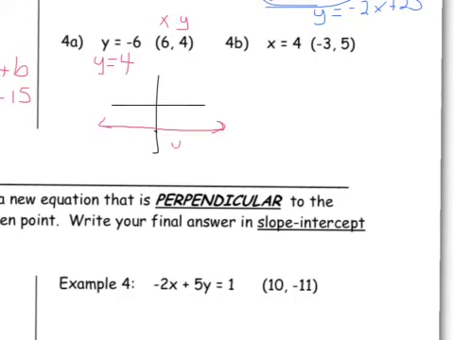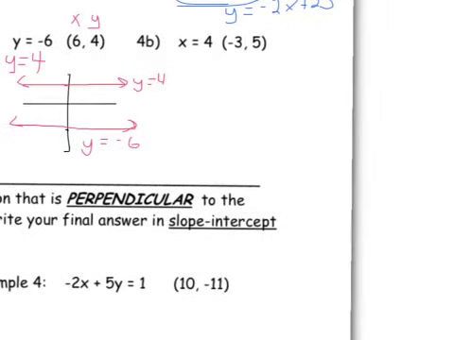So that's y equals negative 6. And the one that we're saying is parallel is when y is equal to 4. That's going to be up here somewhere. Or we'll put it here. So y equals 4. These two lines are parallel.